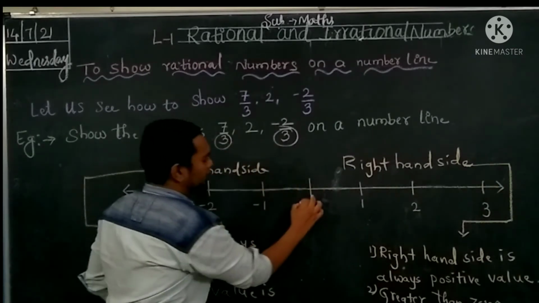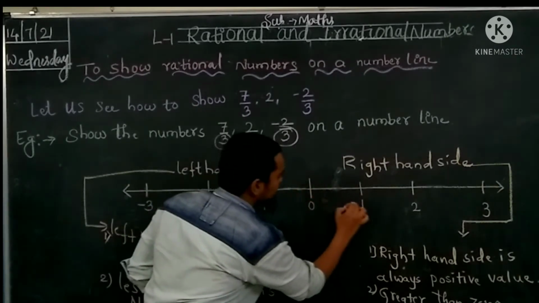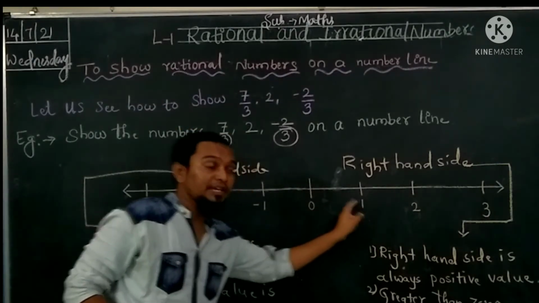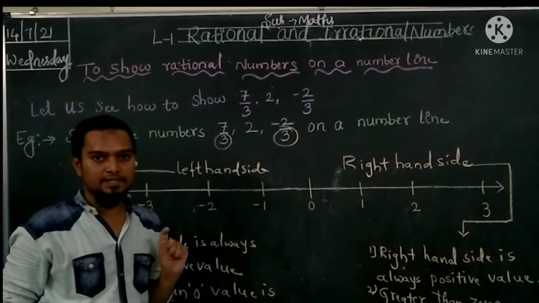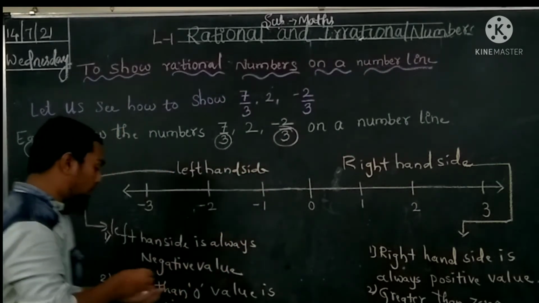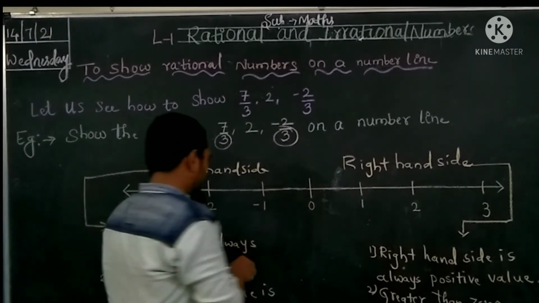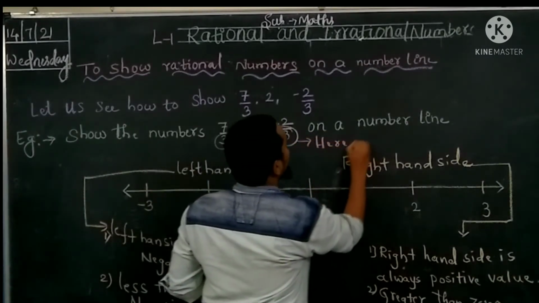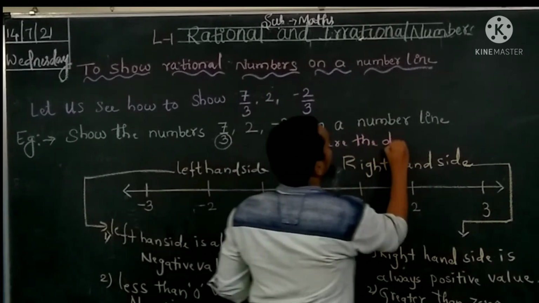the difference between 0 to 1. Between 0 to 1 we are taking 3 units. Why we are taking 3 units? Because here the denominator is 3.